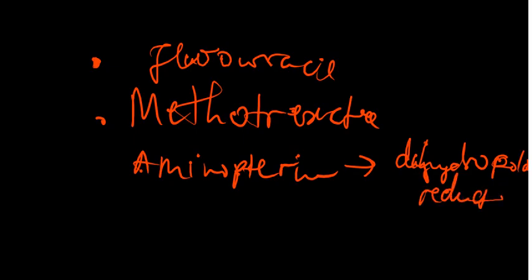So these are some of the inhibitors. Now you know that when thymidylate synthase and dihydrofolate reductase are inhibited, the pyrimidines will not be made as they are supposed to.